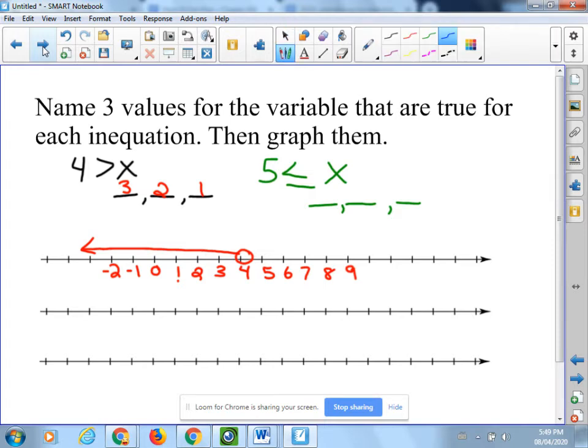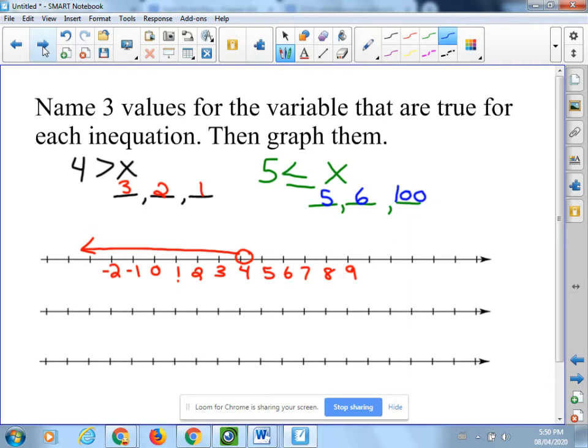Because it could be equal to, I can say that 5 is a potential value. 4 is actually smaller, not greater, so 4 doesn't work, so I'm going the other way, like 5, 6, 7. I could go all the way up to 100, 1,000, a million, as long as it is a number greater than 5. Then I'm going to go down to my graph and graph it.